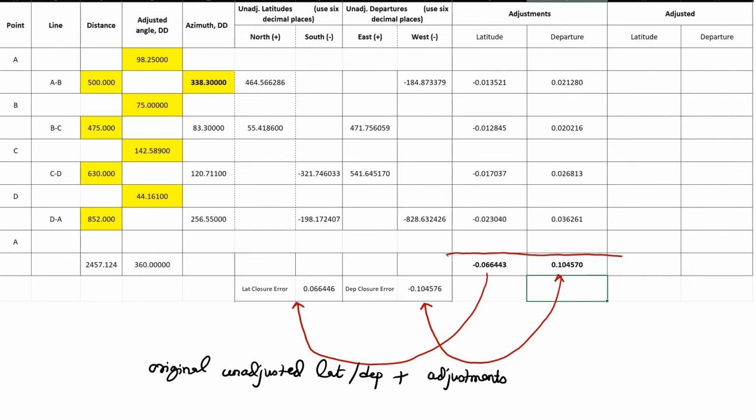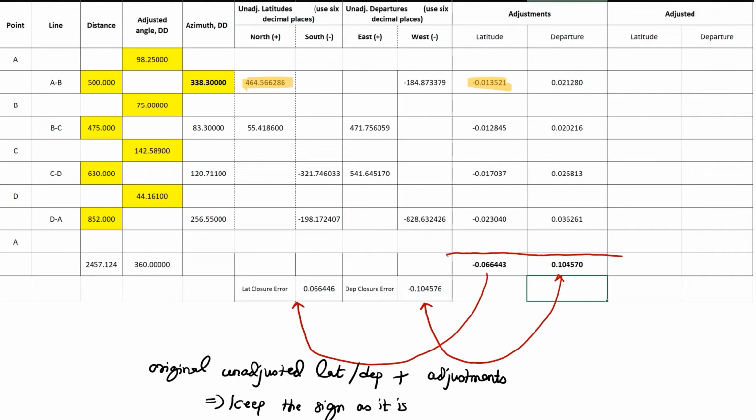Keep the sign as it is. So let's try to find the final latitude. Take this latitude and add this adjustment.